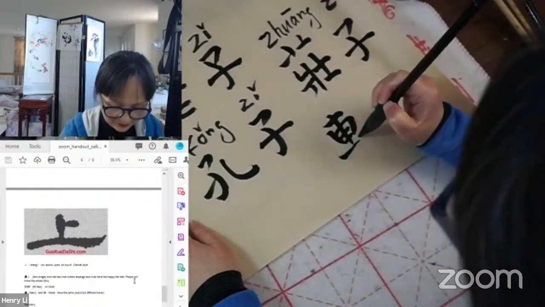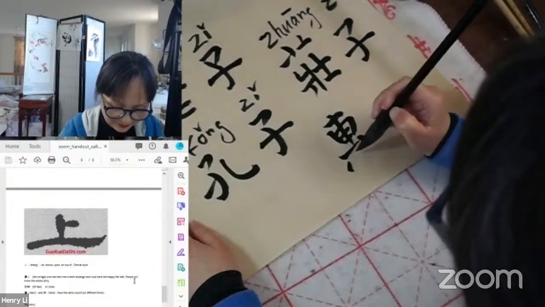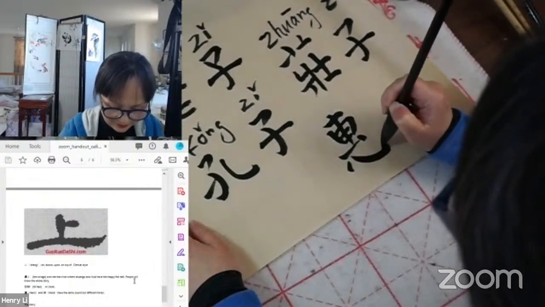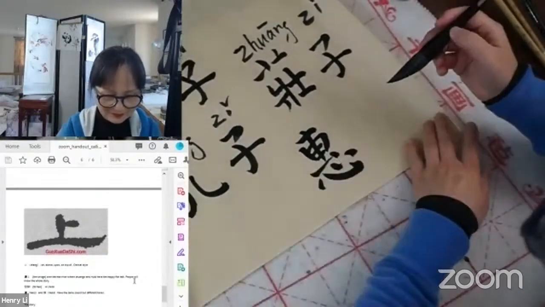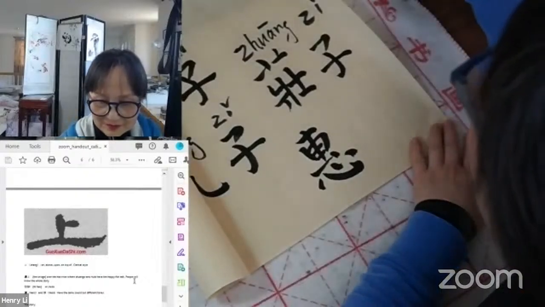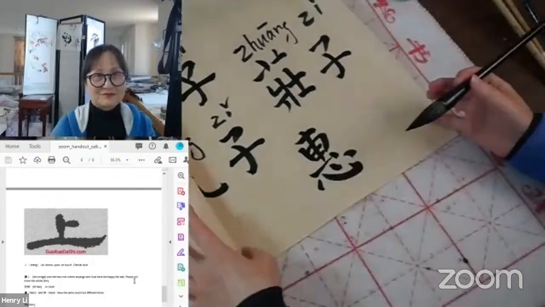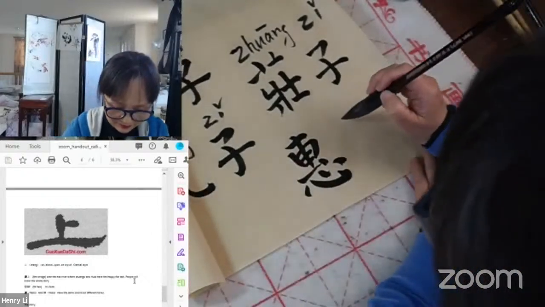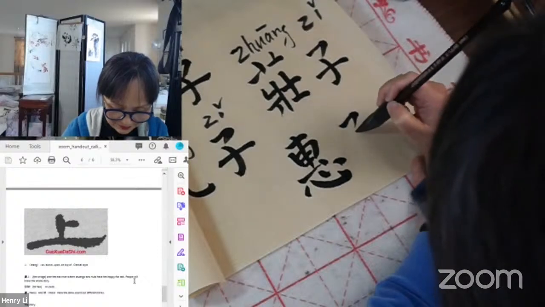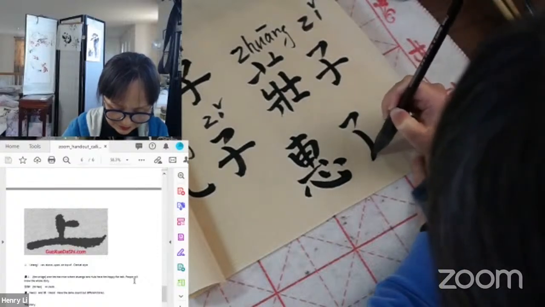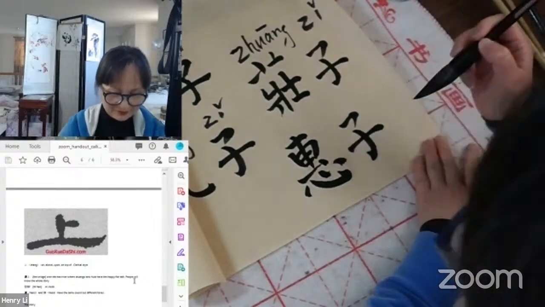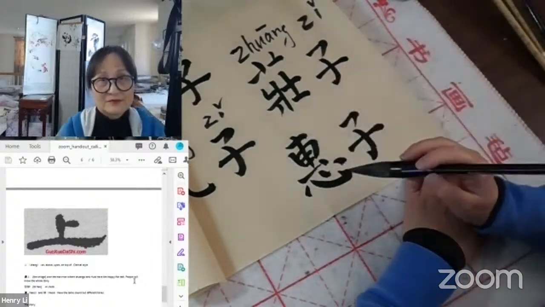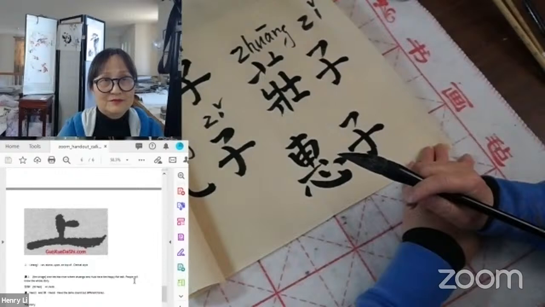Huizi argued, if I, not being you, cannot know what you know, it follows that you, not being a fish, cannot know what they know. The argument is complete. Zhuangzi said, wait a minute, let's go back to the original question. What you asked me was, how do you know what makes fish happy? From the terms of your question, you evidently know I know what makes fish happy. I know the joy of fishes in the river through my own joy as I go walking along the same river.